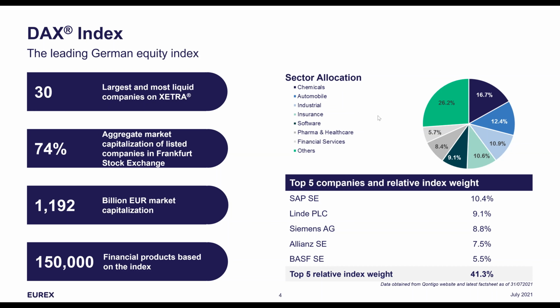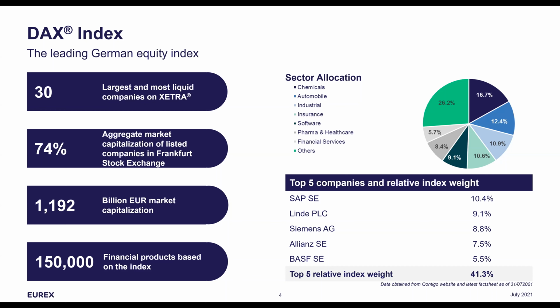The DAX itself is an index, but the DAX itself also is an interesting investment product. And we're having about 150,000 financial products on the DAX. So that could be on the one hand side a future, as we introduced it with the micros, but that can be also so-called certificates or warrants, which is a specific investment vehicle that is available in Germany, in Europe.